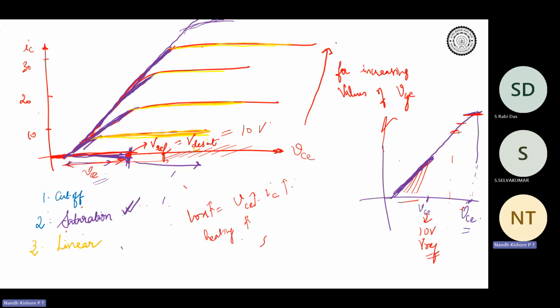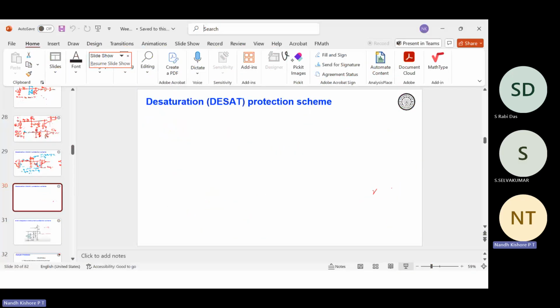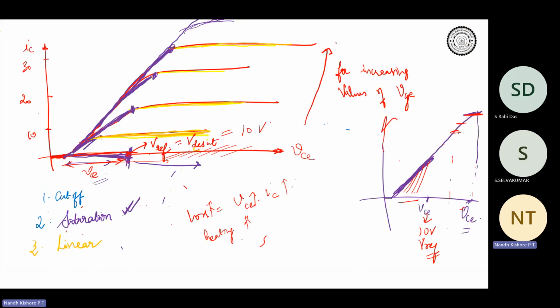So what is the V reference? V reference corresponds to the point at which there is a transition, correct? You see that this is the point at which there is a transition. This is the point at which there is a transition. Correct? This is for increasing values of gate source voltage, right? So this is VGS1, VGS2, VGS3, and so on. This is for increasing values of the gate voltage.